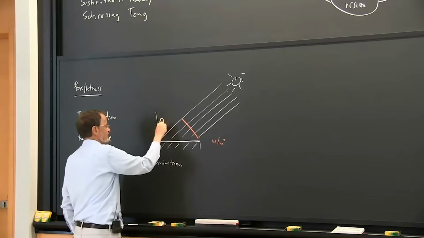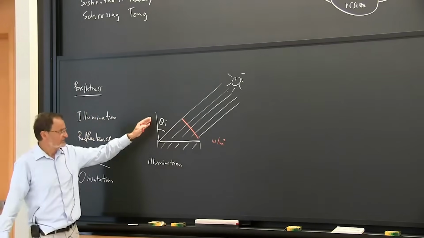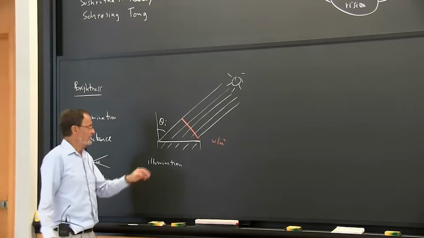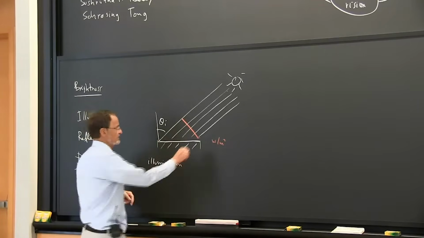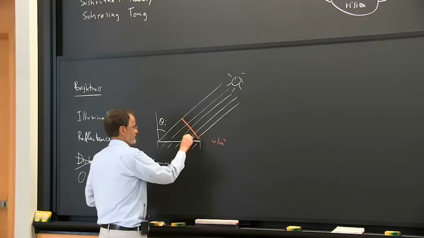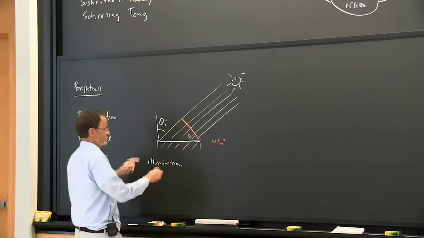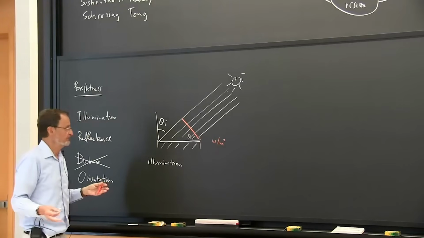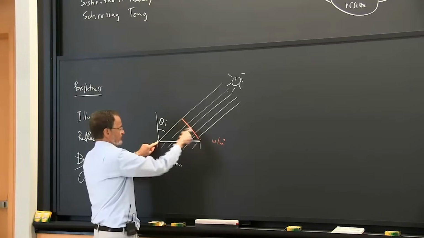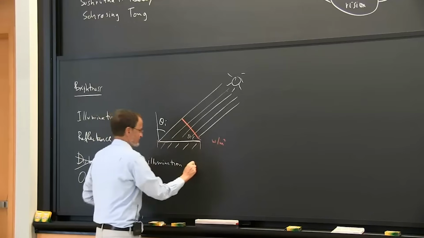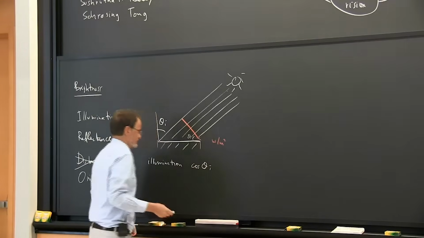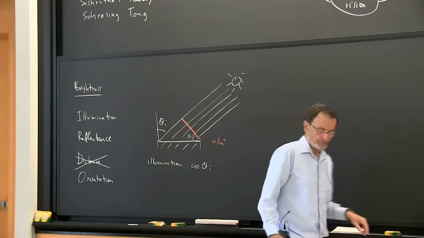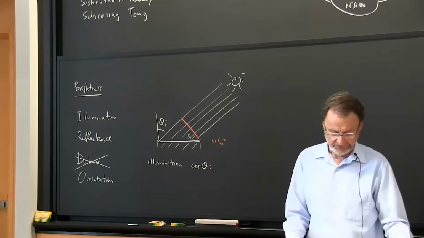And how much? Well, we can express it in terms of this angle, which is the incident angle, theta I. And that is the same angle as that angle, I think. And there's a cosine relationship between this red length and this length. So we find that in this case, the illumination on the surface varies as the cosine of the angle.